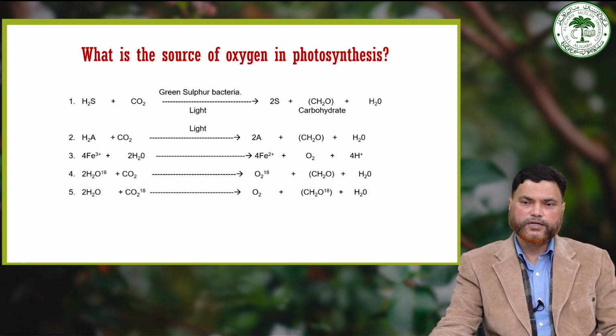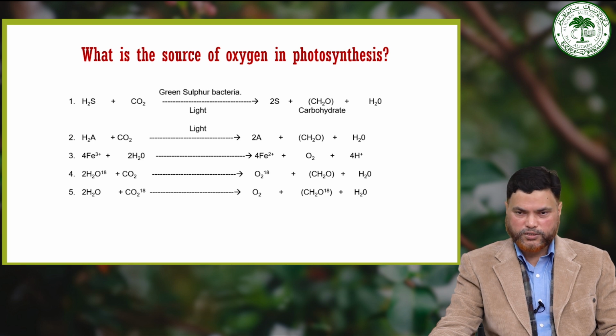This led him to extrapolate that if sulfur originates from H2S in these bacteria, then oxygen must similarly derive from water in algae and higher plants during the process of photosynthesis.